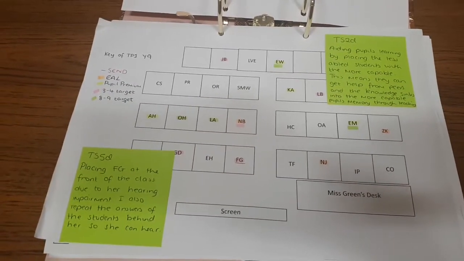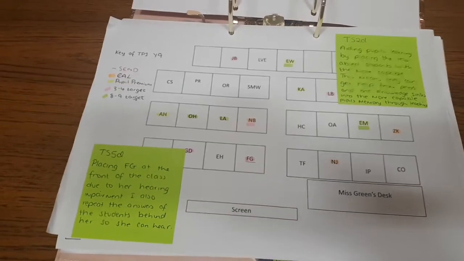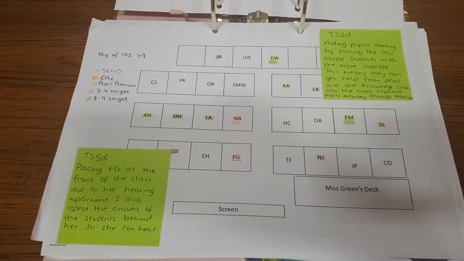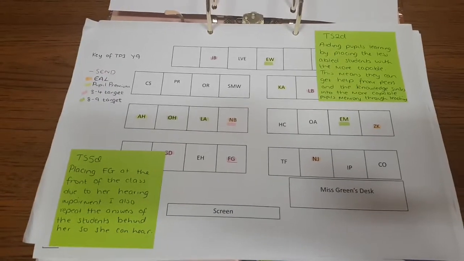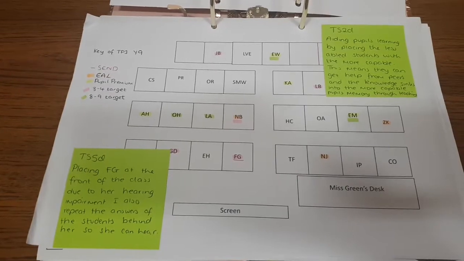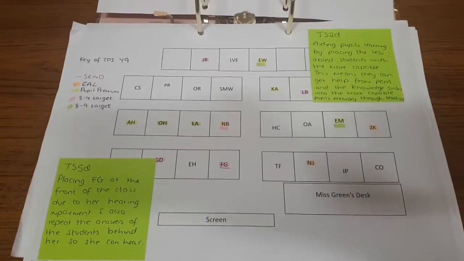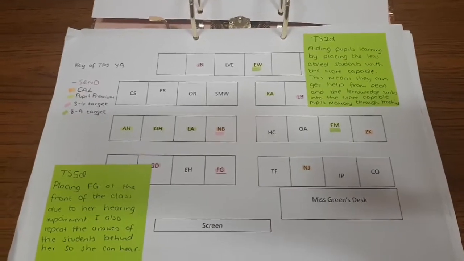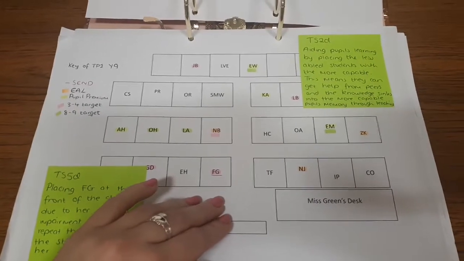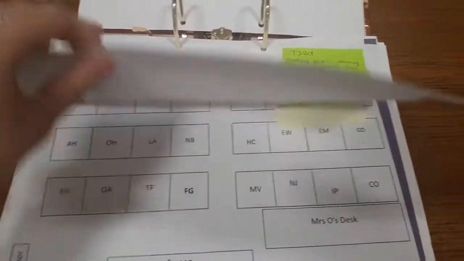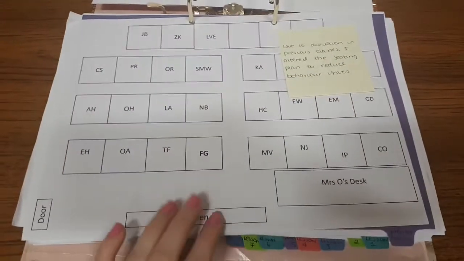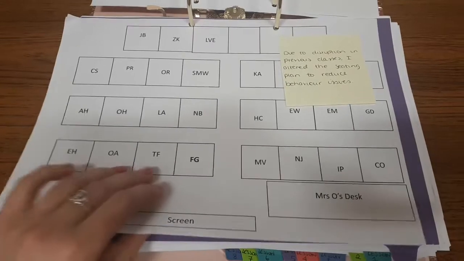So for example, I've got FG at the front as they have hearing impairments, so they're able to hear the teacher, but also I repeat what the students are saying in order for them to be able to hear, and also placing less able students next to more capable students, helping them learn through peer feedback as well. Throughout the course I had to alter this seating plan slightly due to behaviour issues.